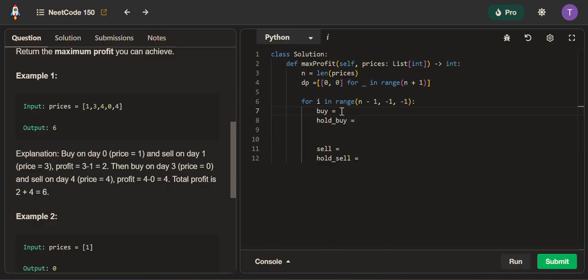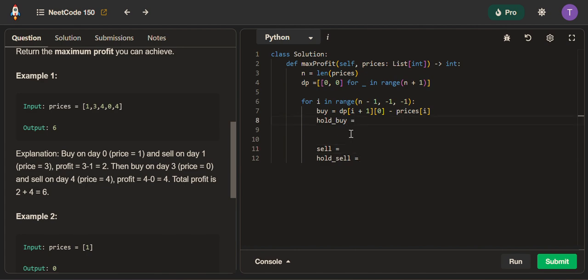And remember that what we did was basically to take the next day's price. So this is going to be dp at the next column, so i plus 1, and this is going to be at the index 0. So what if we sell on the very next day? What is the money we can make? So we have to subtract from this the current price, so prices at the index i.